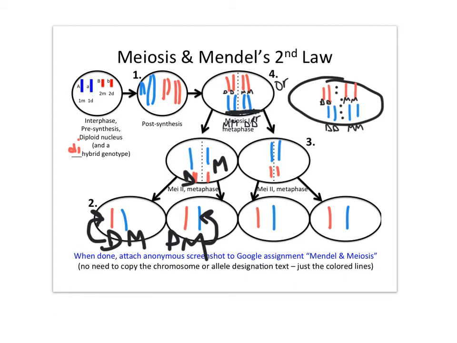What happens in the other two meiotic products? It's the same or different? Right, so the red chromosomes are mom's version, and the blue chromosomes are dad's version.